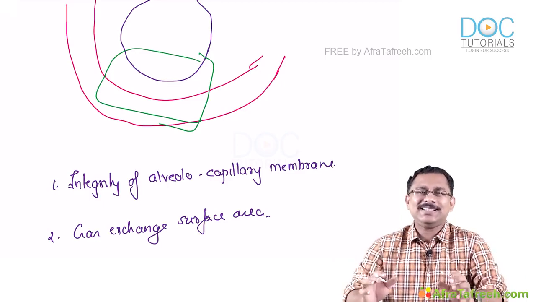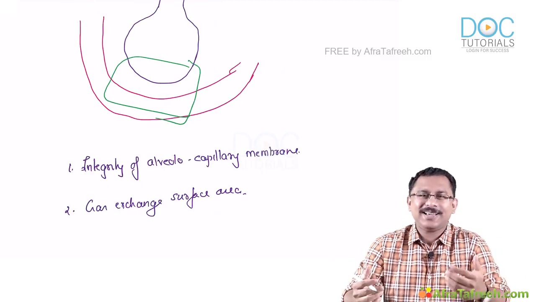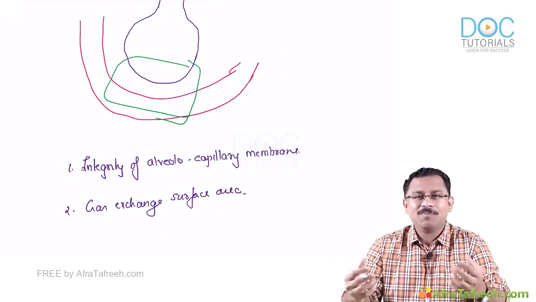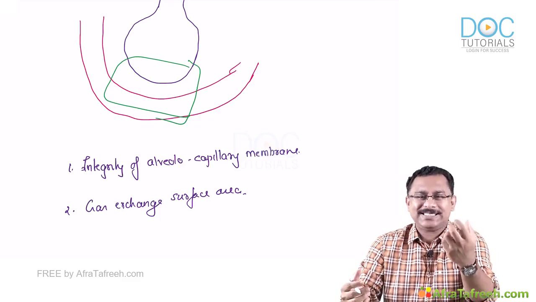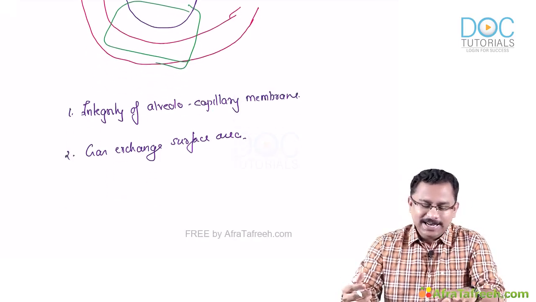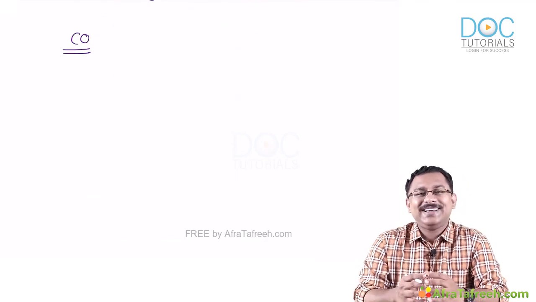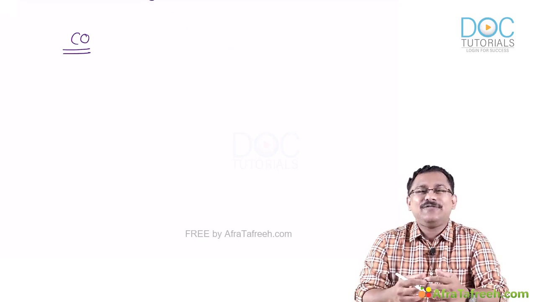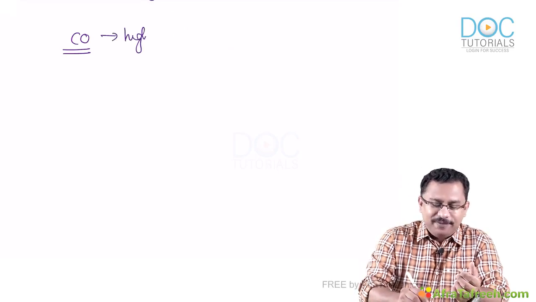Now what is done in this test is that you're trying to measure the diffusing capacity of carbon monoxide. Why carbon monoxide is chosen as the test gas is because the speciality of carbon monoxide is that it has a high affinity for hemoglobin.